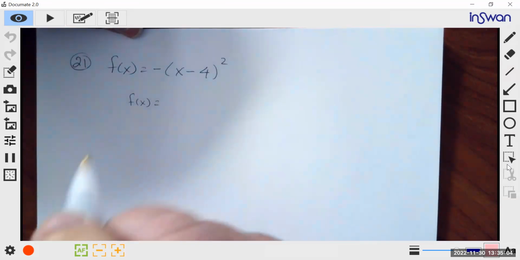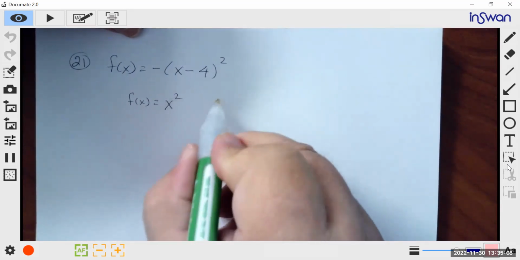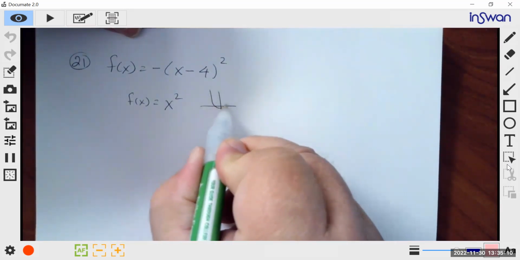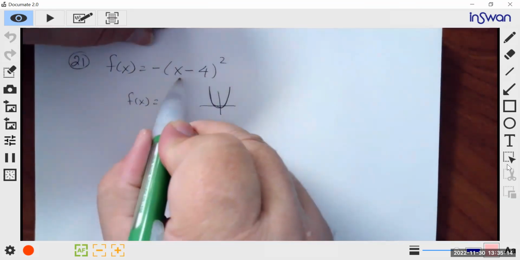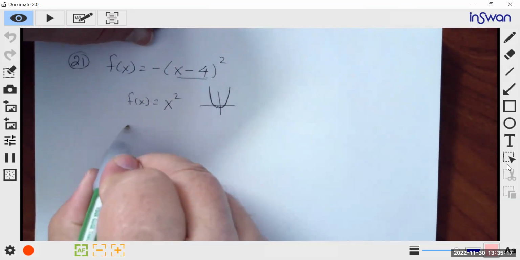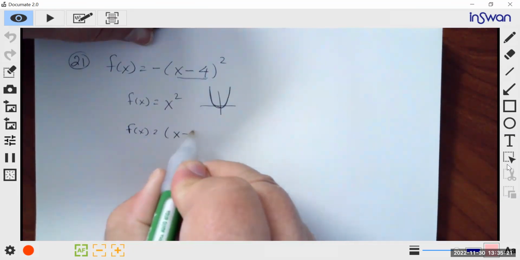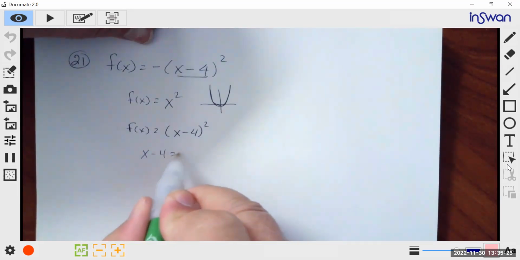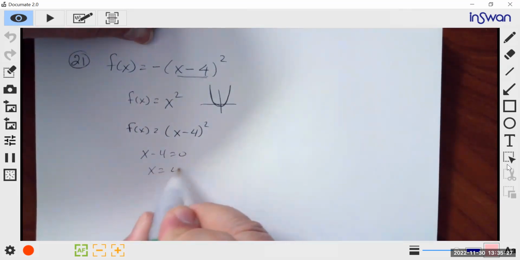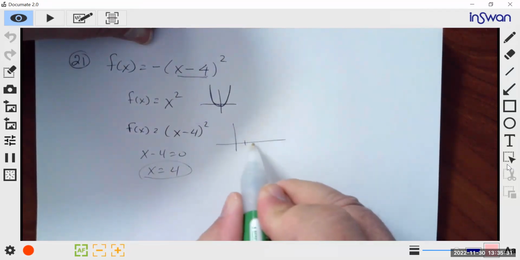The original function, remember, get rid of all the numbers and everything, we'd have x squared. Inside is our horizontal shift. So what you do here is set that equal to 0. And you see that it shifts to the right 4 spaces.